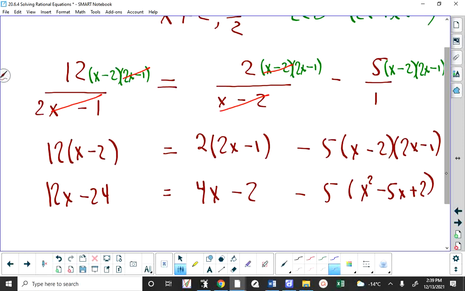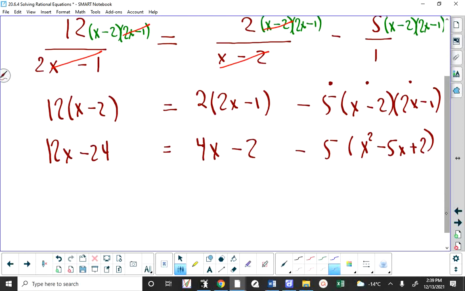Let me double check that. I think it's okay. Look, you have these three things that you need to multiply together. And when you multiply three things, you pick two of them and multiply them and then multiply by the third. I'm just not a fan of multiplying the 5 by the binomial and then having to FOIL out bigger numbers. I think it's better this way. How's it look?